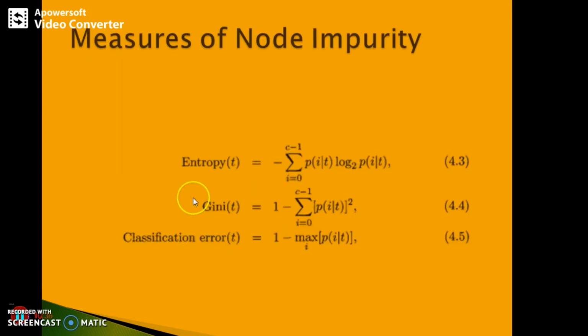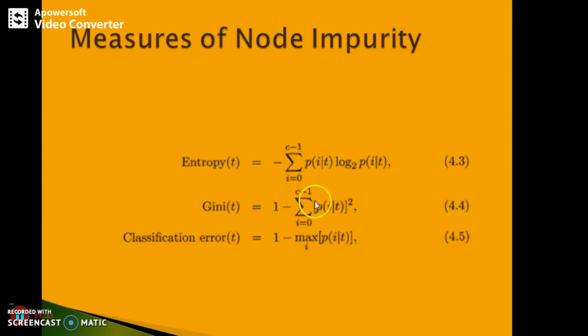So there are 3 measures. Like I already said, there is a proper way to determine the impurity, or a proper way to find out the best split. Those are the 3 measures here, measures of node impurity, basically used to check the impurity level, right?